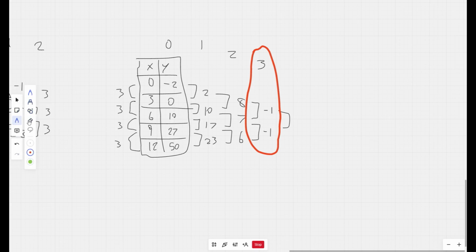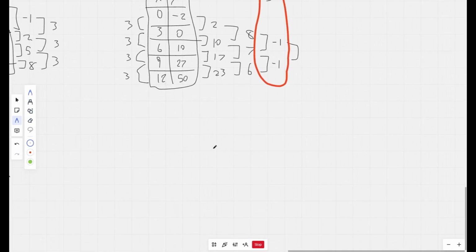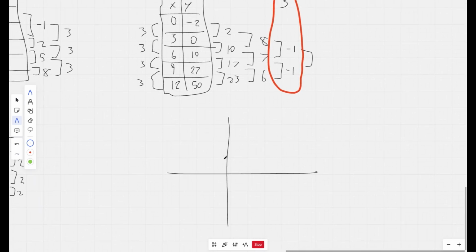And of course, if we were to graph this out, I don't even know if we have enough information for it to look normal or like a cubic function, but I'm going to give it a try. So 0, -2, and then we go to 3, and we're at 0, right? And then we go to 6, and we're at 10. So we really went up here.